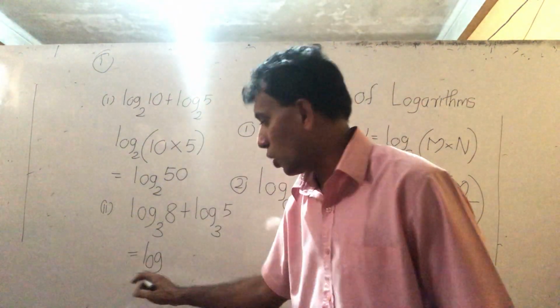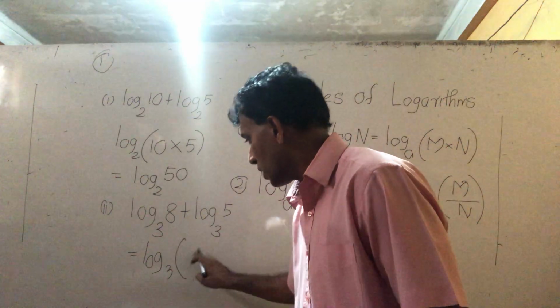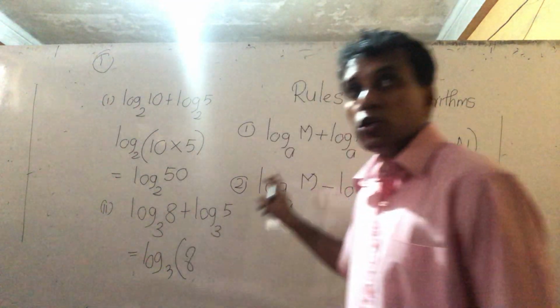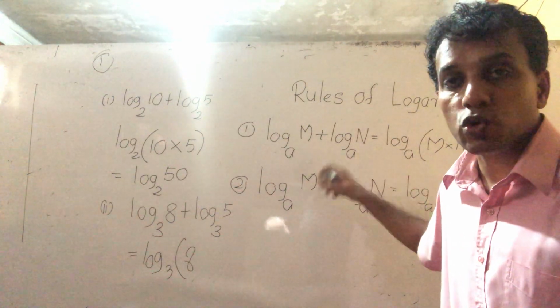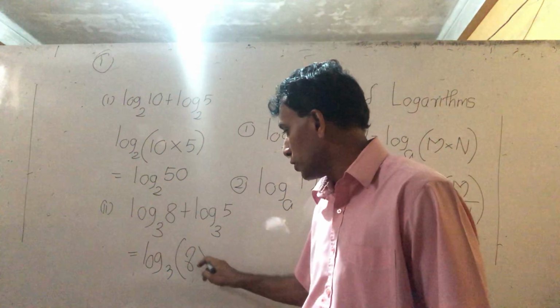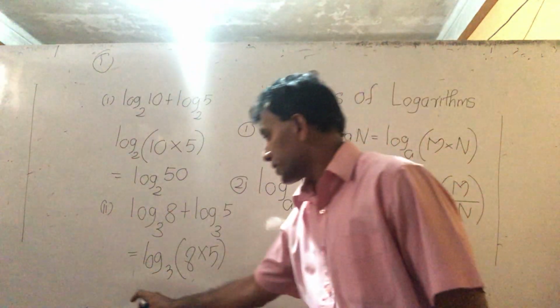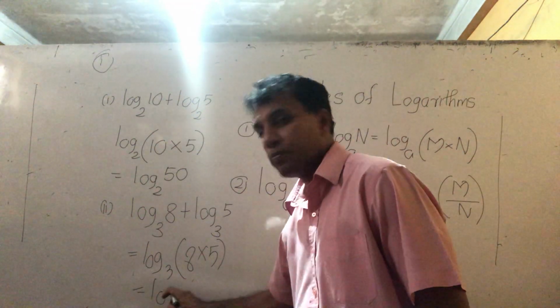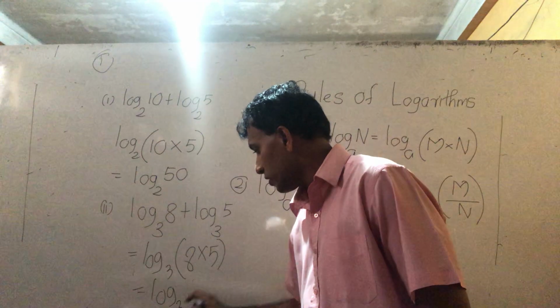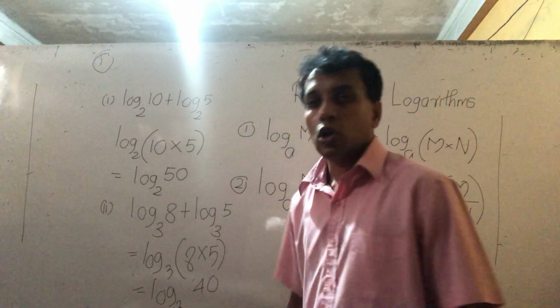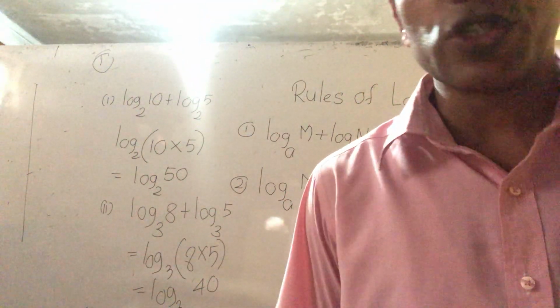Take the base 3 out. 8. You know rule number 1 states that plus means multiply. So multiply 5. So what is the answer? Logarithm base 3, 40.